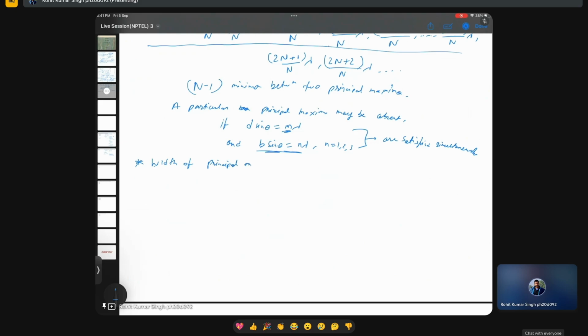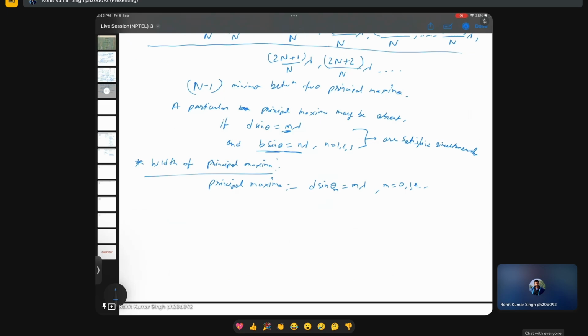Let me again write the criteria for principal maxima, which is d sine theta. For order m, I'm writing theta m. This theta is different for different orders of principal maxima, right? So m equals 1, 2, 3, and so on. This is the criteria.